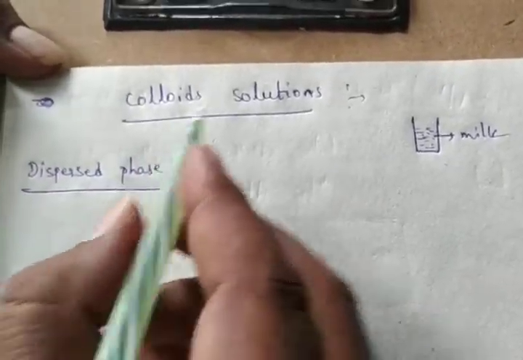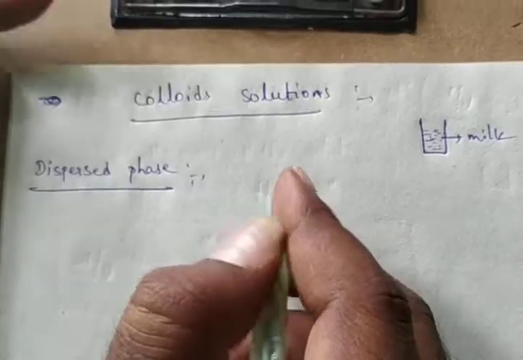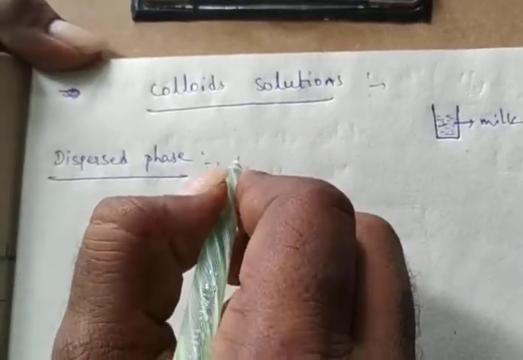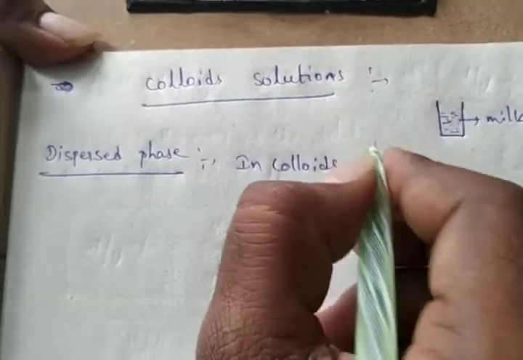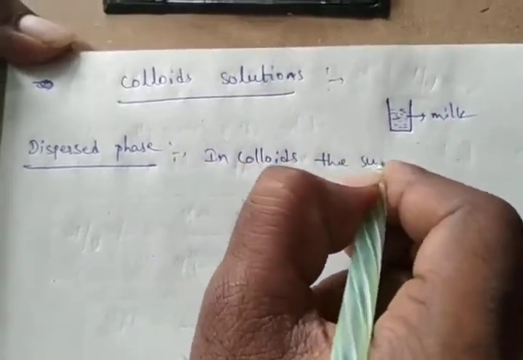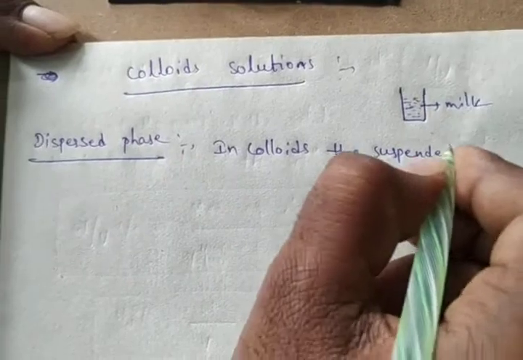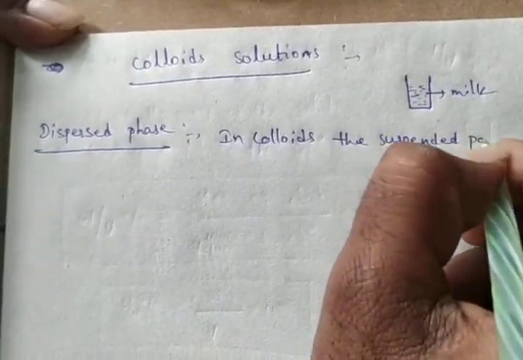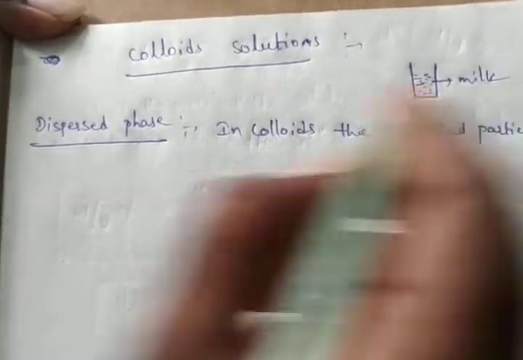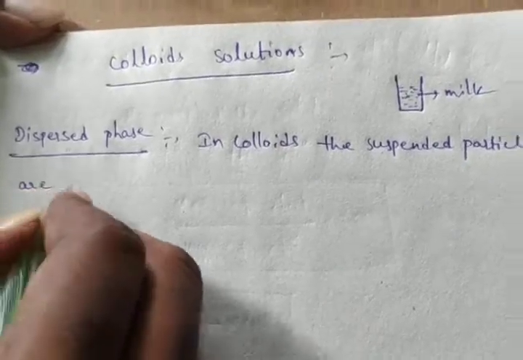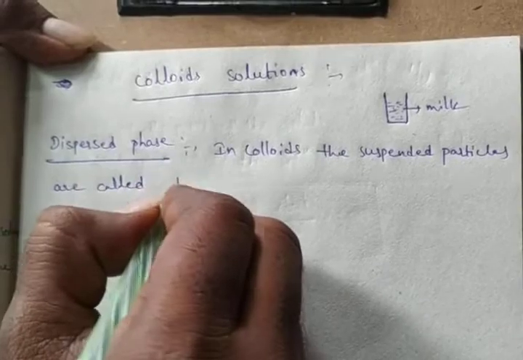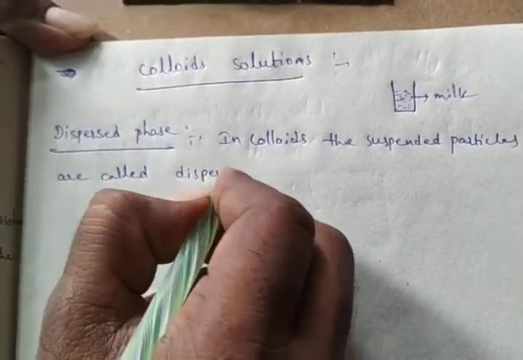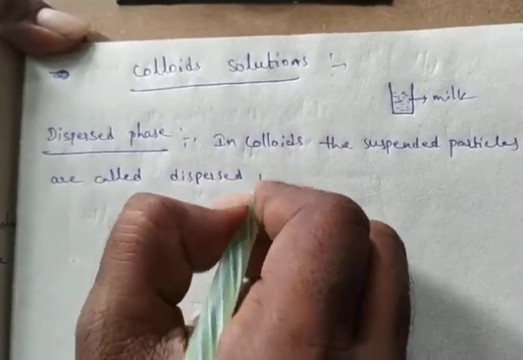In colloids, the suspended particles are called the dispersed phase.